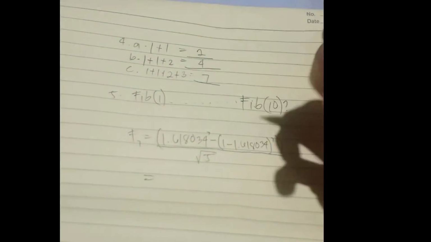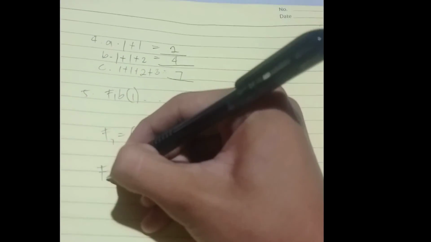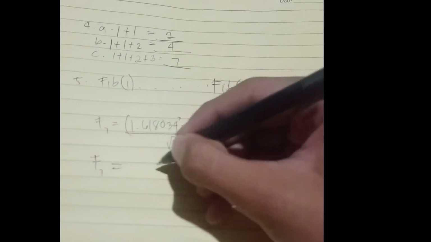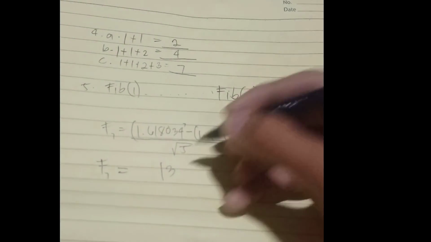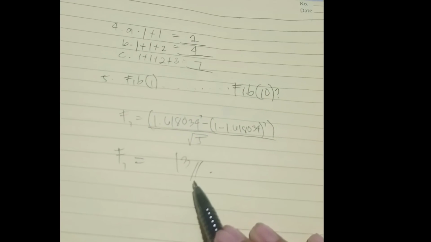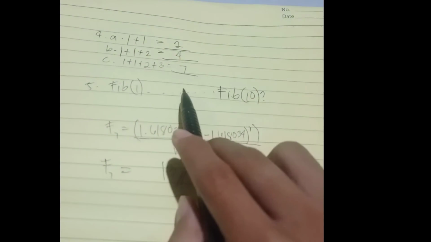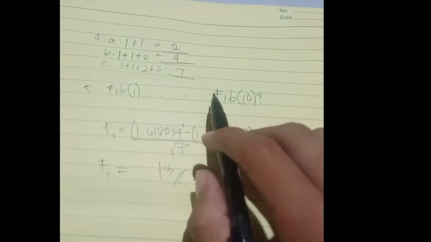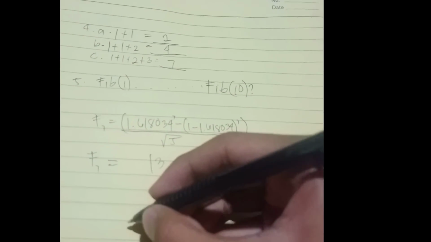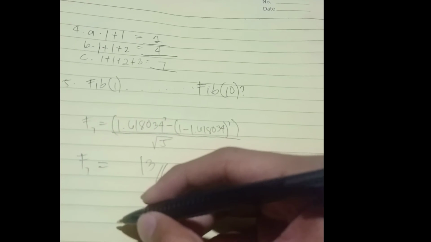The value of the seventh term is 13. That's it. Then after you get the value of the seventh term of the Fibonacci sequence, you just need to multiply it by 11.